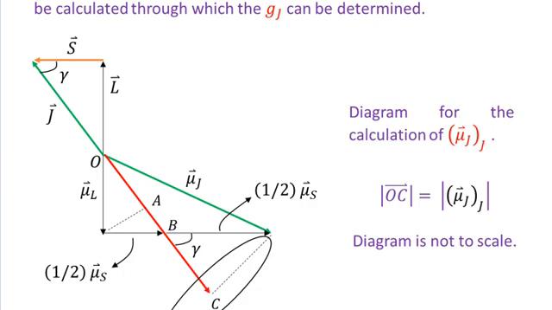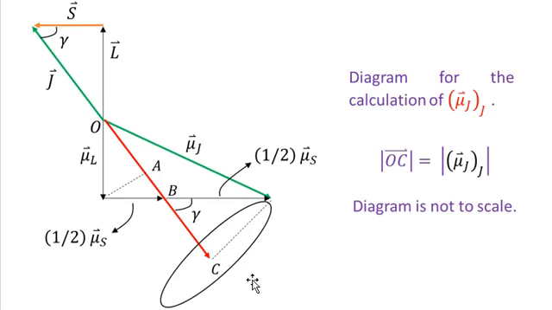Now let's talk about the lower part. Mu L is anti-parallel to L, but it may have different magnitude. Similarly, the mu S vector is horizontally placed from this point to this point.